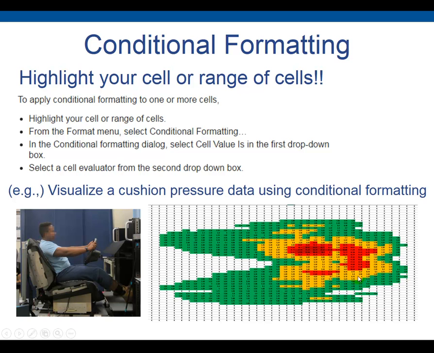Okay, so that's how we can visualize data very efficiently. So here is a hip area and this is a side area. Excel is a very useful tool to visualize data. So you can use this conditional formatting. If the value is higher than a certain value, then you can simply change the color using conditional formatting.